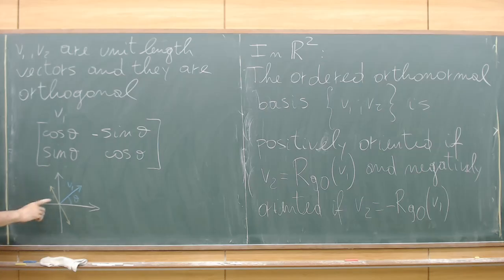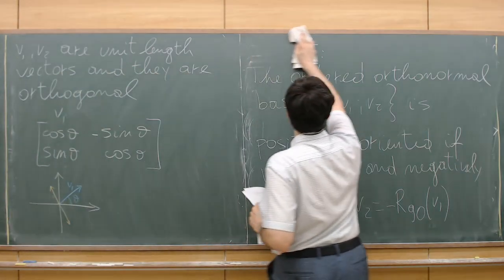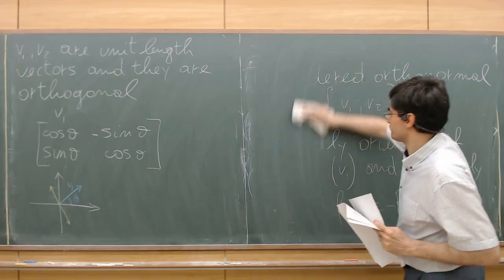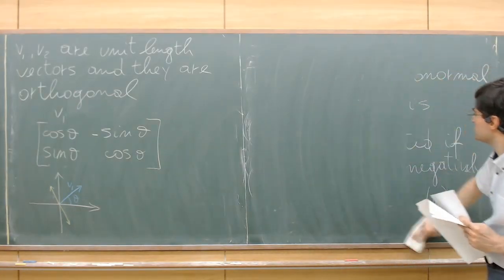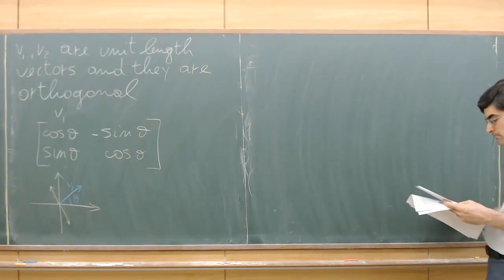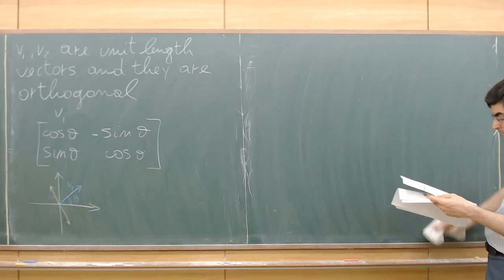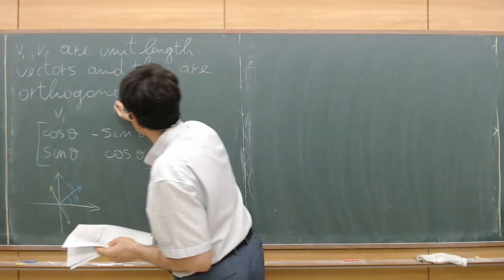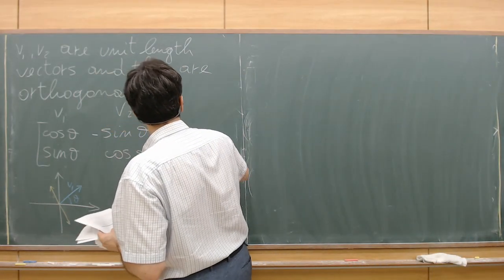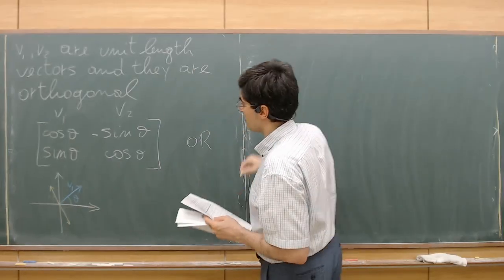You can make a simple computation to show this. You have to find V2 in order to be orthogonal to V1 and of length 1. Or this one.